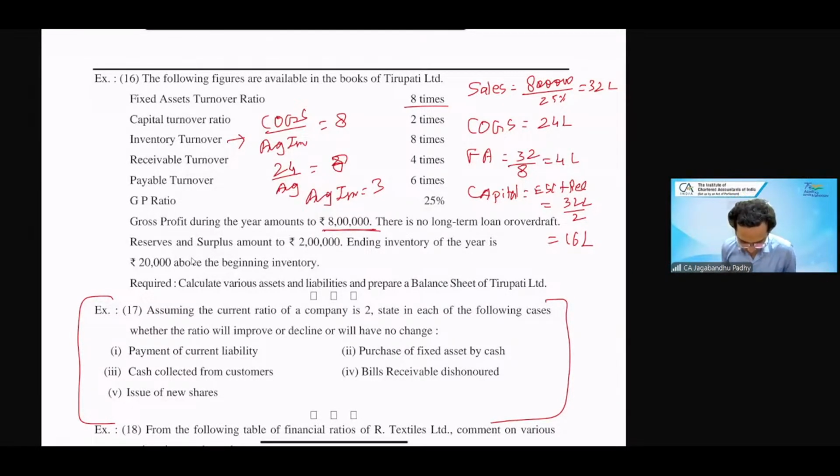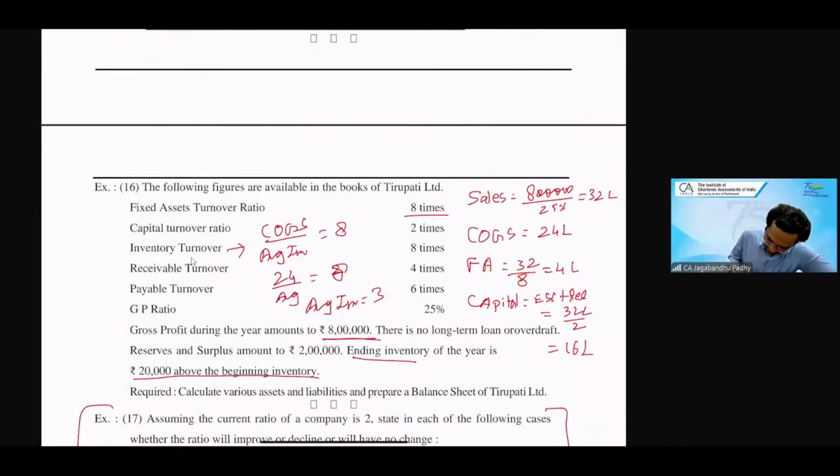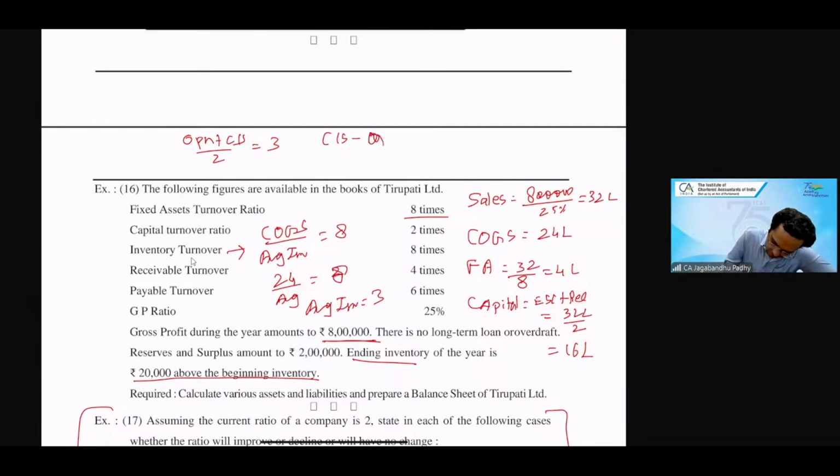Average inventory is 3 lakhs, and they're saying that the ending inventory is 20,000 above the beginning inventory. So opening plus closing divided by 2 is 3 lakhs, and the second equation is closing minus opening inventory is 20,000. Solving both, opening plus closing is 6 lakhs, and closing minus opening is 20,000.